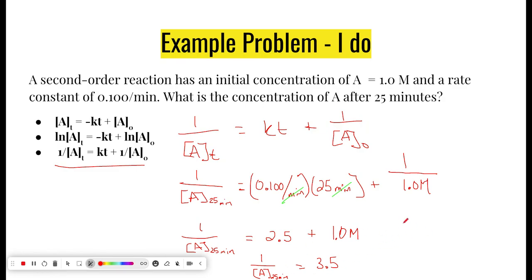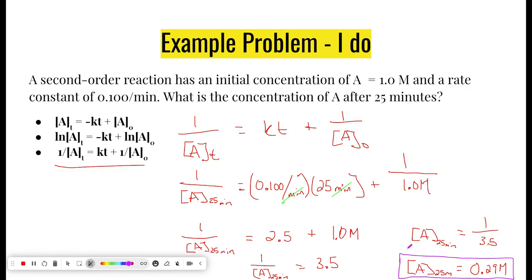Now I'm going to solve for the concentration of A. And that will be this. So A at 25 minutes is going to equal 1 over 3.5. And the concentration of A at 25 minutes is 0.29 molar.